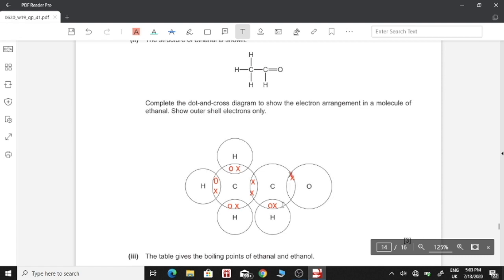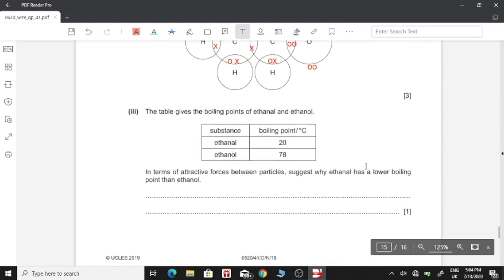So I'm going to be using an O for oxygen as well. Oxygen is left with 4 electrons since it has 6 electrons in its outer shell. Alright, that's it. All of the atoms have complete outer shells.